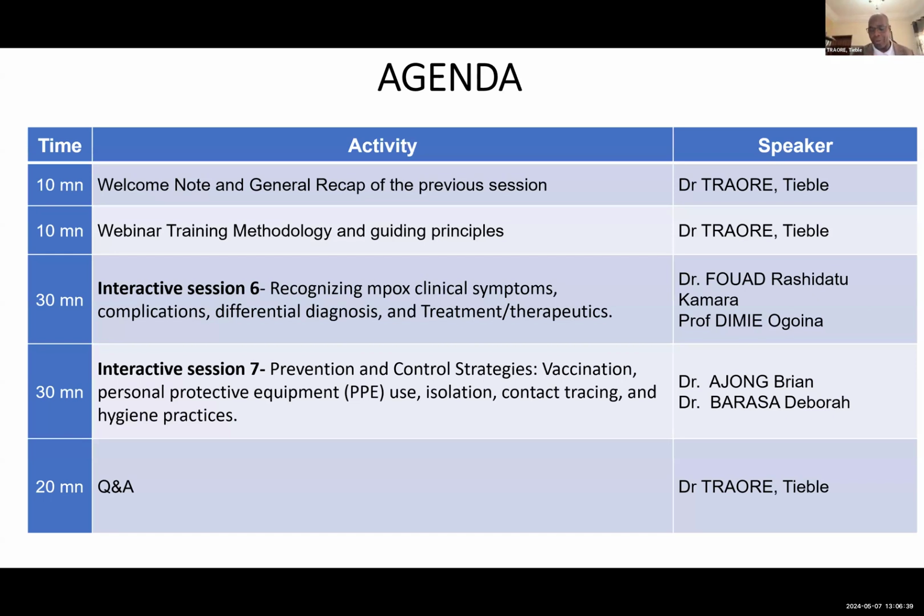We will just give you that briefing with Dr. Brian Ejong, who is on the ground now. If I don't make a mistake, he was on the ground in the DRC. Then Dr. Deborah Barasa will also speak. It is a joint presentation, an interactive session, a joint collaborative work.